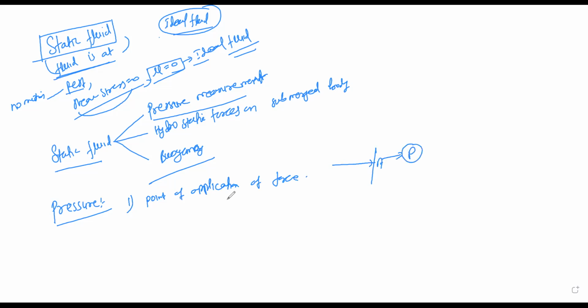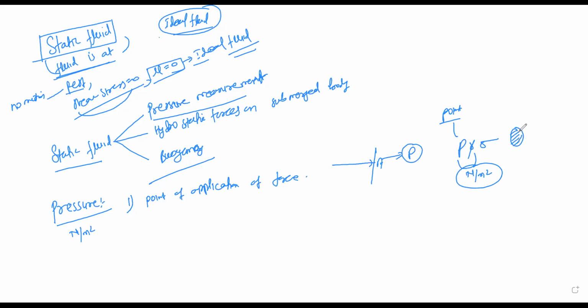And the pressure unit is Newton per meter square. So stress and pressure both have the same unit, Newton per meter square. But the pressure is due to the point of application, whereas stress is due to the whole cross-section area.